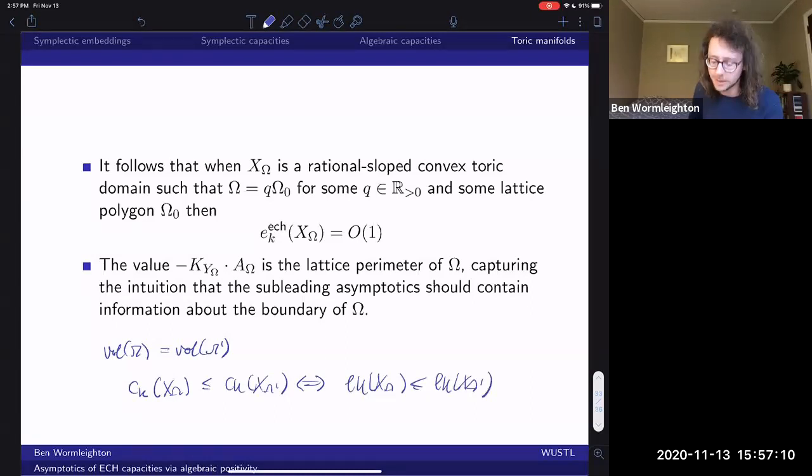And so in particular, the lim-inf of EK of x omega had better be less than the lim-inf of EK of x omega prime. And that corresponds to some bound on perimeter.